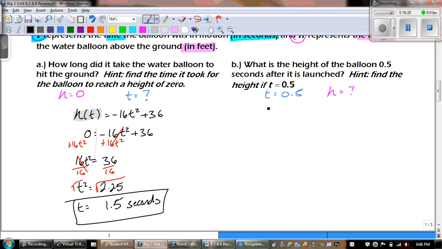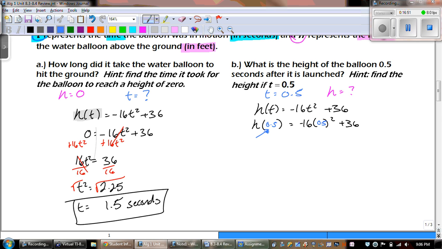Once again, we're using h of t equals negative 16t squared plus 36. The way we would write this is we are plugging in our 0.5.